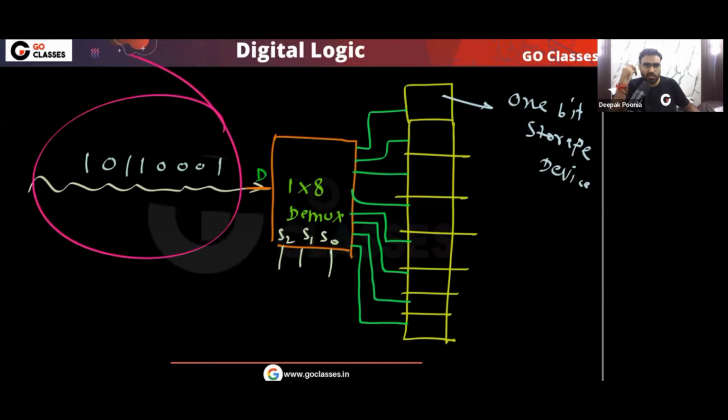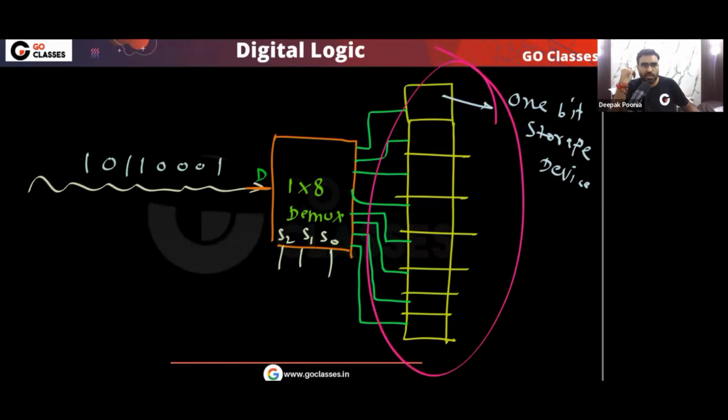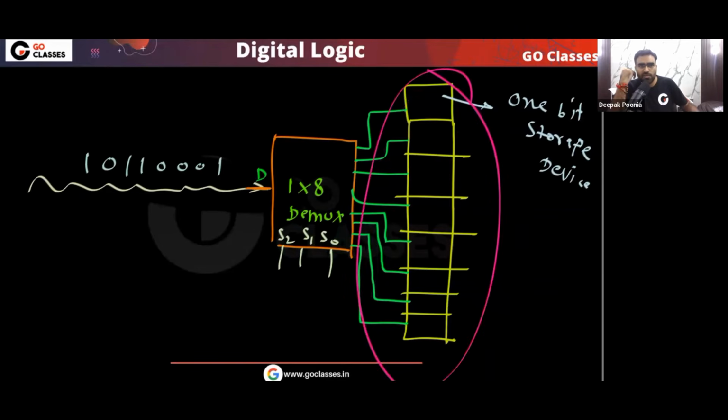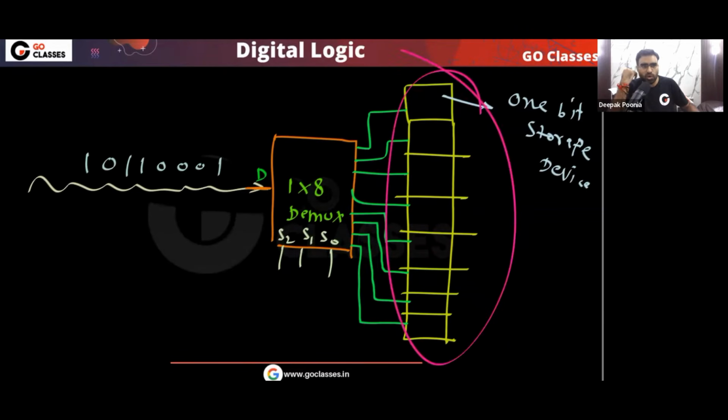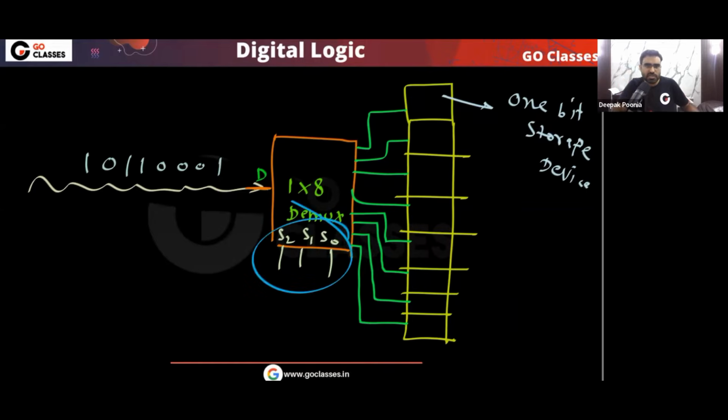I want to store this serial bit stream in my register, which is basically a storage device, in my computer. Then I can use a 1 by 8 demultiplexer. When a bit is coming, I need to change these select lines with the help of some clock.